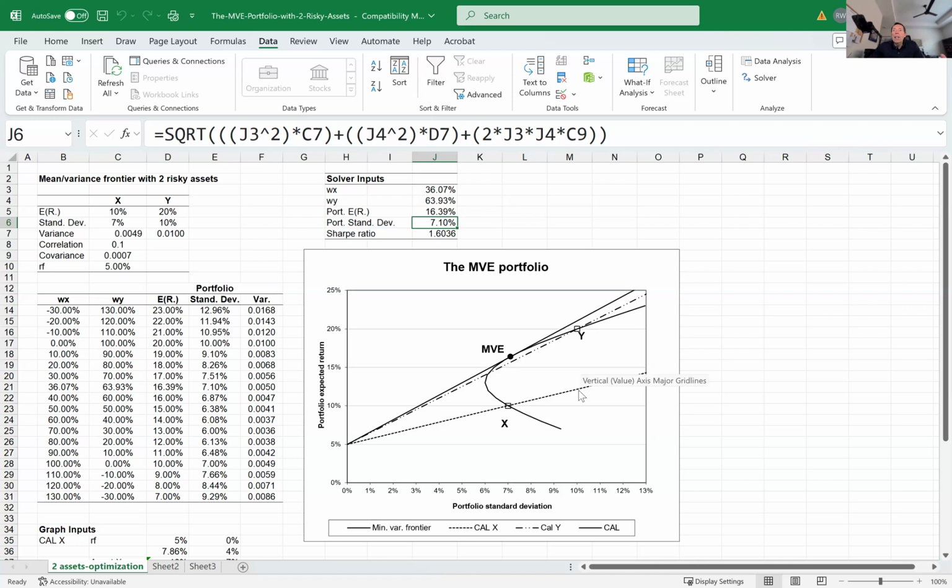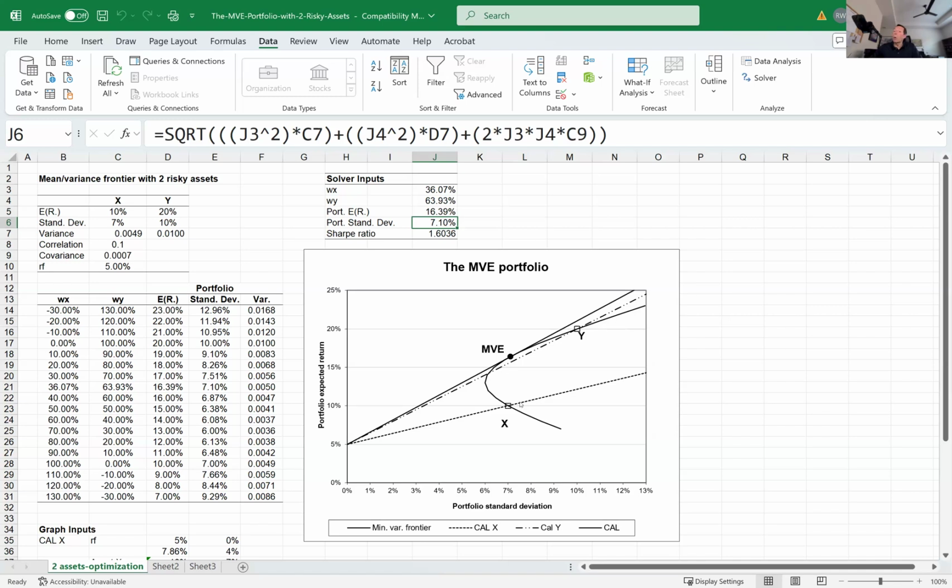So where is the optimal place for a risk-averse investor to be? Somewhere on that solid line. That's going to give you the highest expected return with the lowest standard deviation. Nobody wants to be anywhere on this line that goes through X, because the solid line is much better. It's further northwest. Nobody wants to be on this dotted dashed line that goes through Y, because again, you can be better off on this solid line.